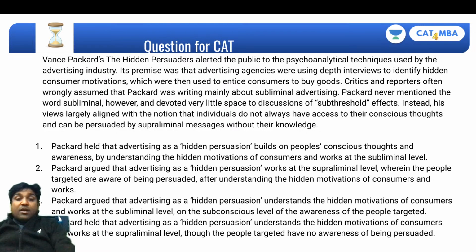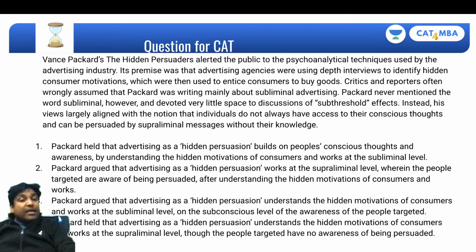Option 4 says that Packard held that advertising as a hidden persuasion understands the hidden motivations of consumers, correct, and works at, I know my back is covering a portion of the text, but I'll read the entire 4th option. Packard held that advertising as a hidden persuasion understands the hidden motivation of the consumers and works at supraliminal level, though people targeted have no awareness of being persuaded.